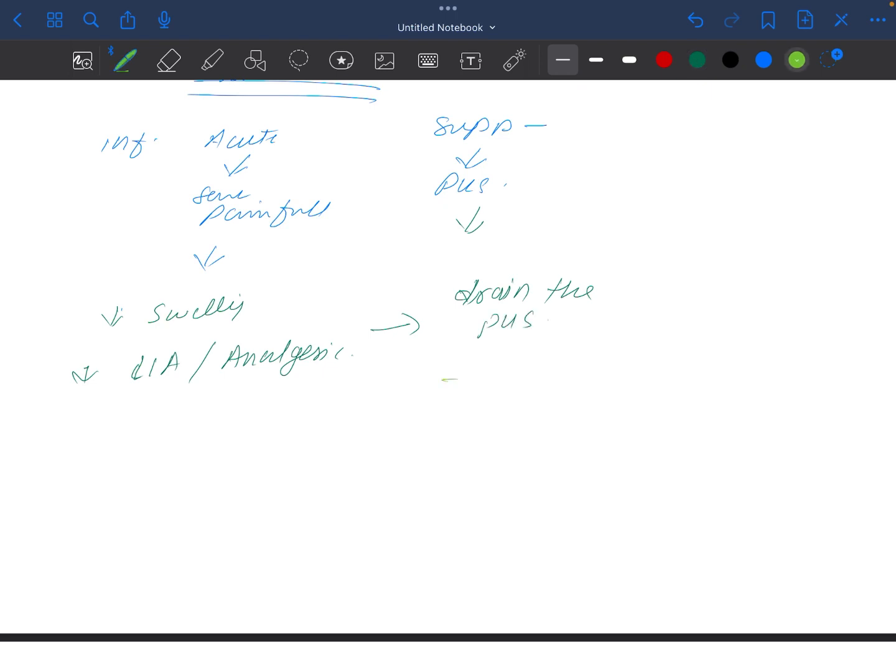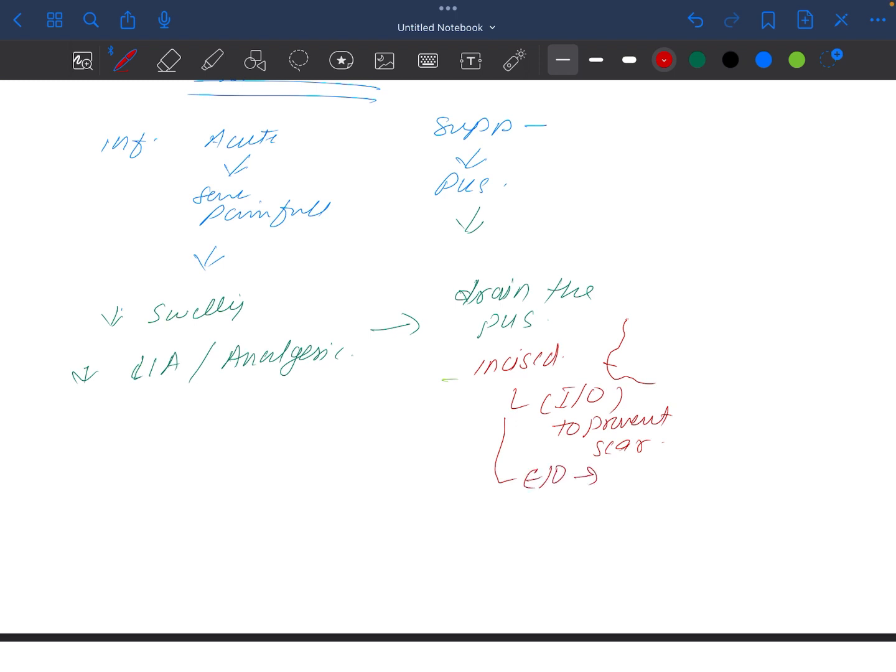You will either incise, if there is, see, a person with a large swelling. So in this case, you just give an incision. Most of the time, you are supposed to give an intraoral incision, drain from inside the oral cavity, so you don't have a scar outside on the face. But if not possible, do an extraoral incision.